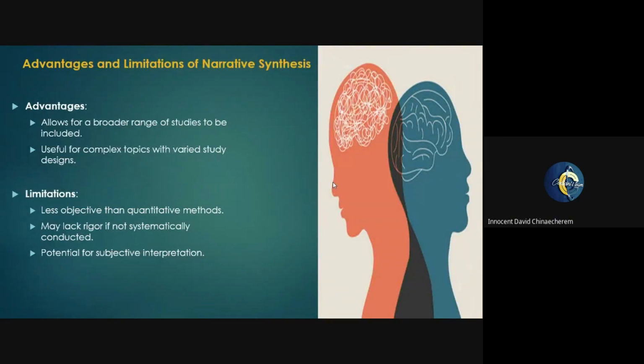Looking at the advantages and disadvantages or limitations of the narrative synthesis, just like we said, it allows a broader range of studies to be included. You can include both quantitative and qualitative studies, because it's mostly useful whenever we're trying to explore complex topics with varied study designs.